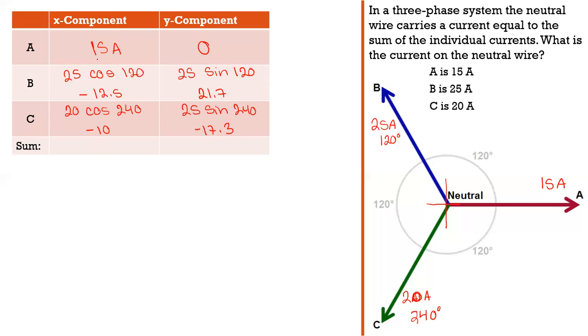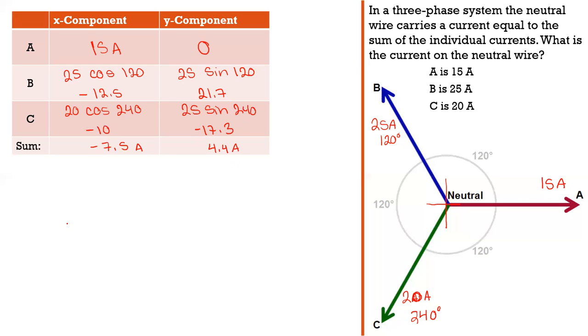Adding those together, our sum in the x component, 15 minus 12.5 minus 10, leaves us with negative 7.5 amps. For y, 21.7 minus 17.3 leaves us with 4.4 amps.